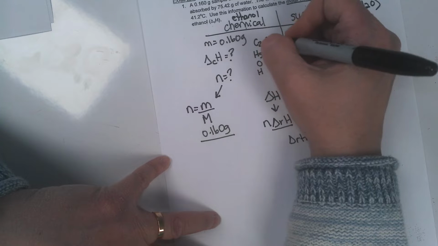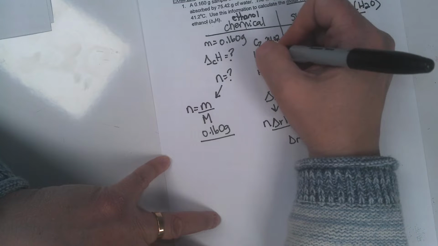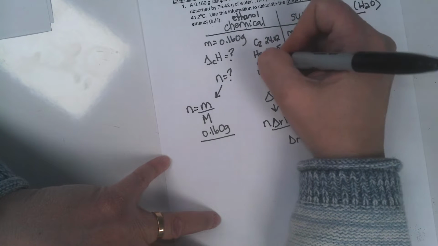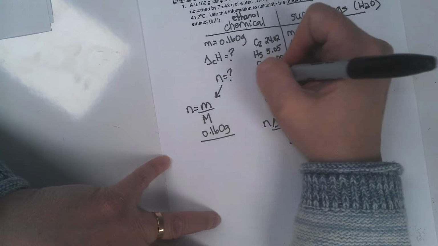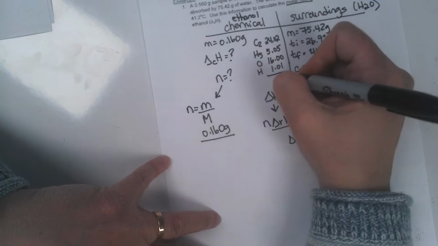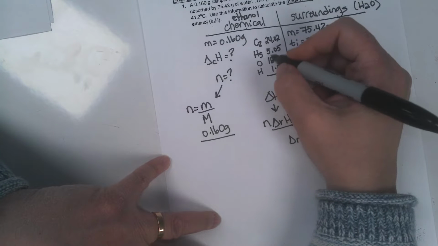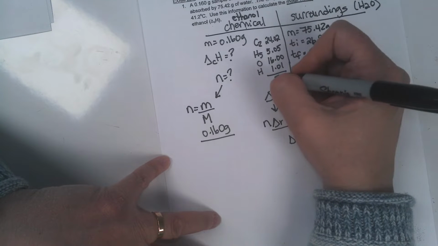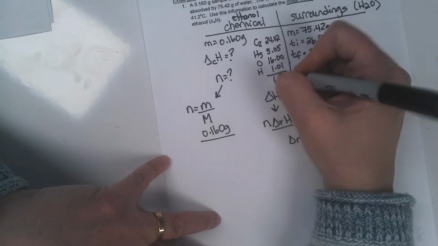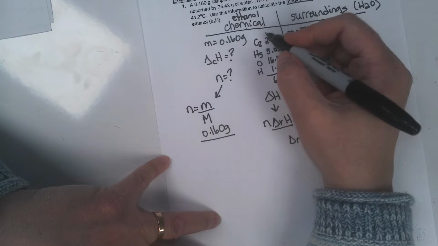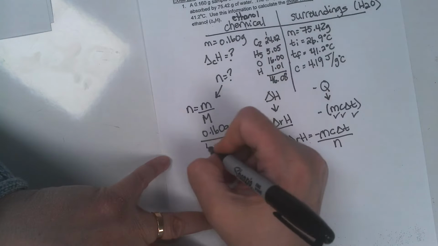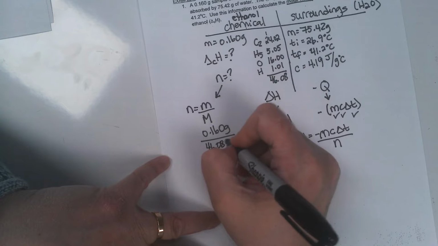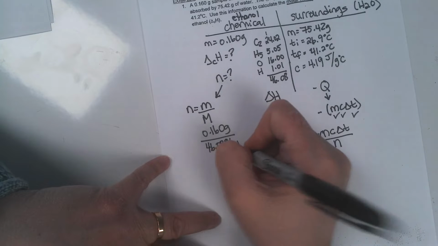So 24.02, 5.05, 16.0, and 1.01. And we should get 46.08 grams per mole.